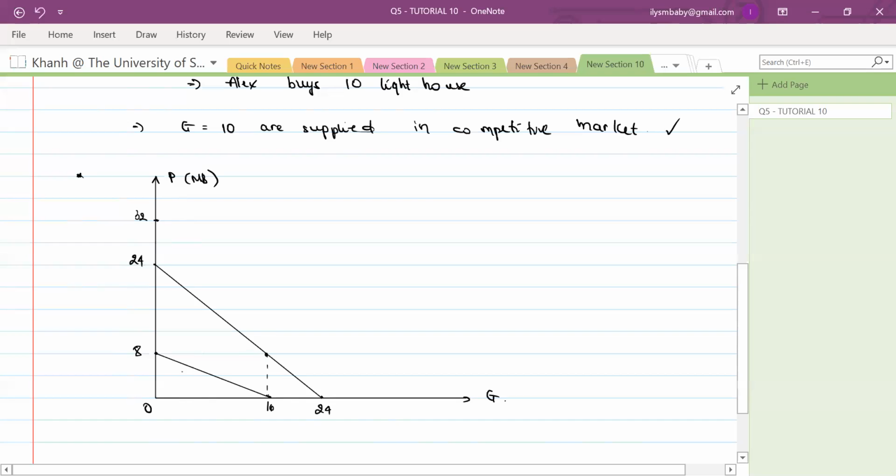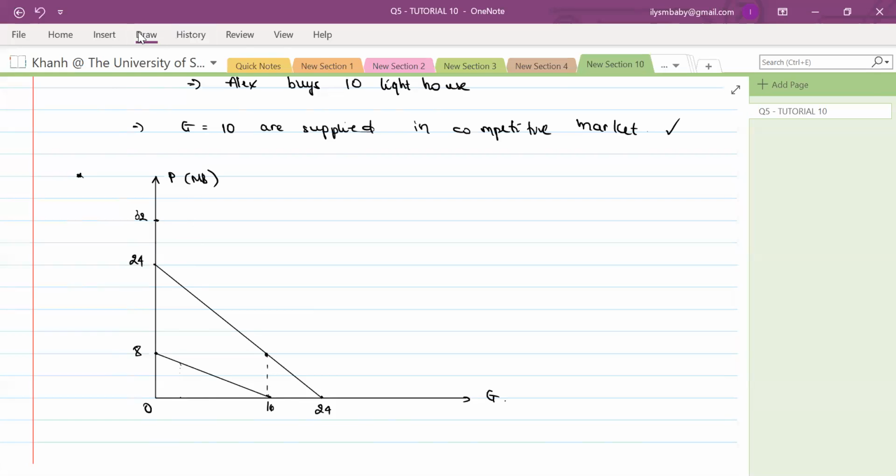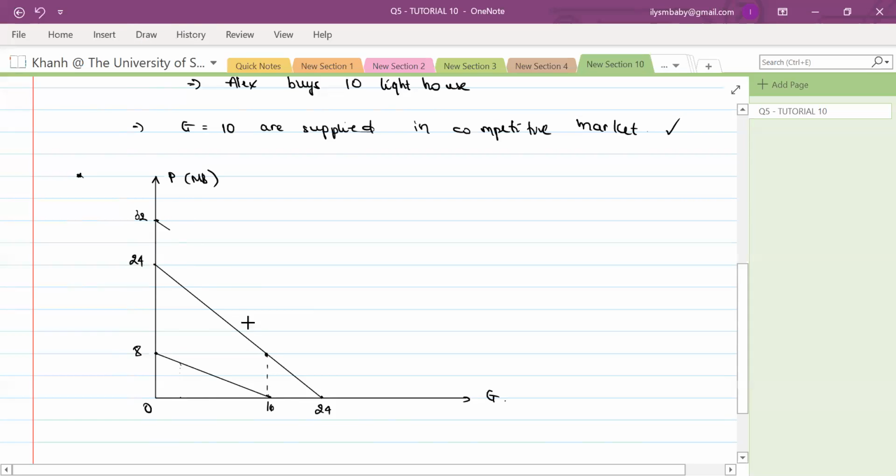For example, here. If you go all the way up to the marginal benefit curve for Beatrix, you get the marginal benefit for Beatrix, and if you go all the way up to the marginal benefit curve for Alex, you get the marginal benefit for Alex. If you add these two marginal benefits together, you get the total marginal benefit in the society. If you keep doing that, you get a line over here, which is basically the total marginal benefit.